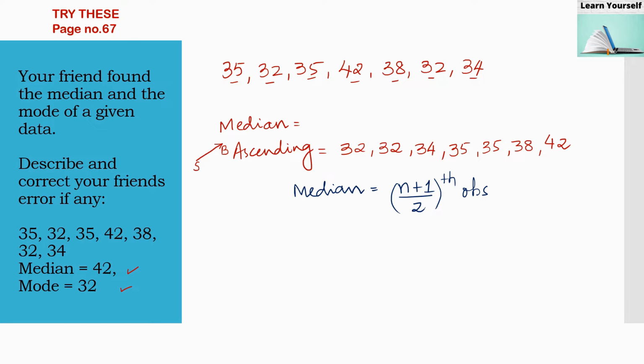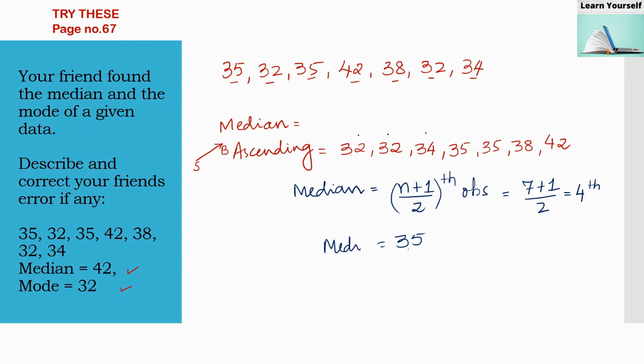How many observations or how much data do we have? 1, 2, 3, 4, 5, 6 and 7. We have 7 data, so n equals 7, and 7 plus 1 divided by 2 gives 8 by 2, that is 4. So the fourth observation will become the median here. Which one is the fourth number? This is first, second, third, and the fourth will become the median here.